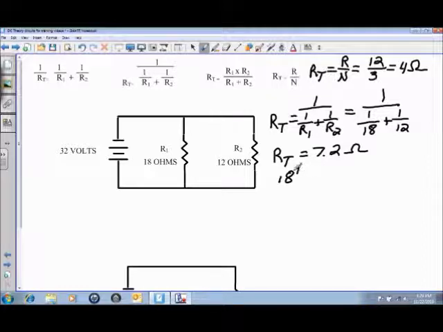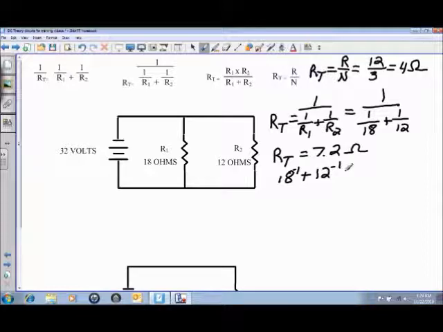And then you can hit plus 12, and then hit the reciprocal button again, and it'll do the reciprocal for you in the calculation. That's the nice thing about using these calculators, is that they're pretty smart.